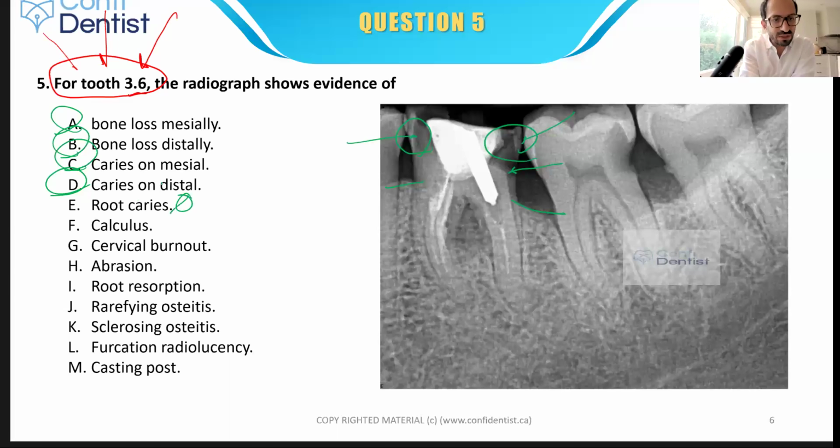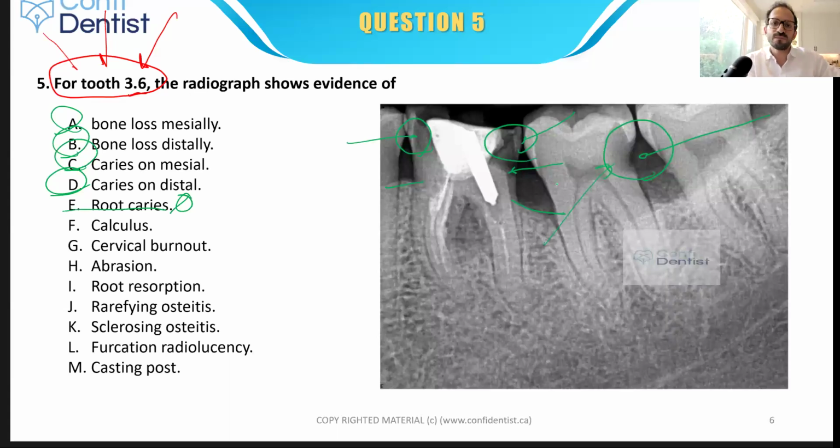For root caries, I choose neutral, because for root caries to be selected, I'd rather select just those cases that I'm 100% confident the origin of the cavity is root. Here, I cannot confirm that the origin of the cavity is root or it's just a crown carious lesion that has extended to the root. If you selected root caries, that's neutral, that's not wrong, but safer not to select. This is a root caries, for example.